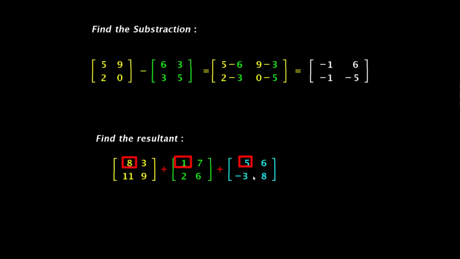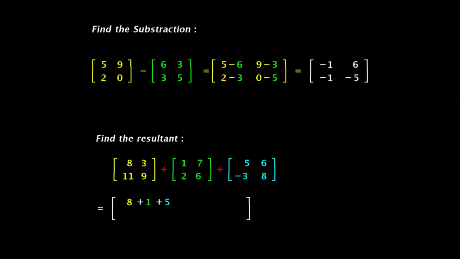The resultant will be the same 2 by 2 matrix. All we have to do is choose the location. So make the box: the 8, the 1, and the 5. Every value has to be added, so it's going to be 8 plus 1 plus 5, placed exactly in the same location.